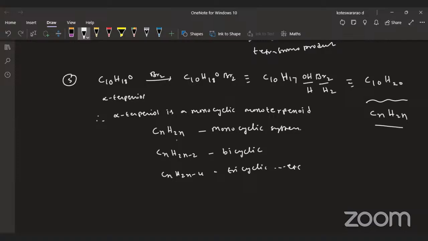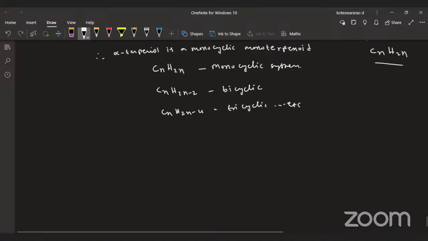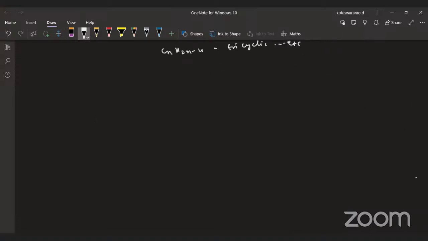We clearly understand that alpha terpinol is having one ring. Now, what is the type of the ring system? Now coming to the sixth one, size of the ring.